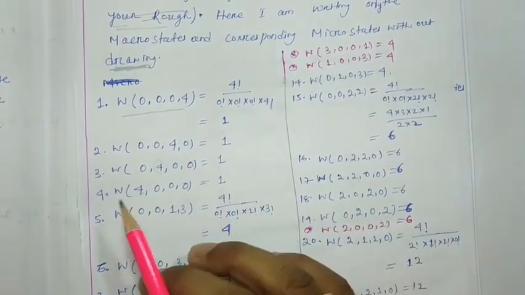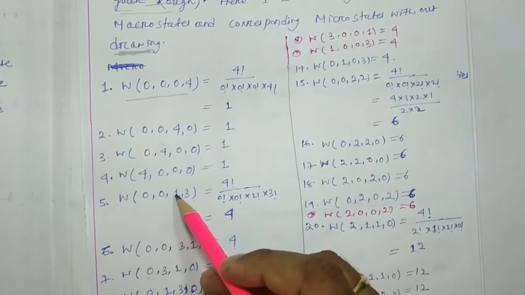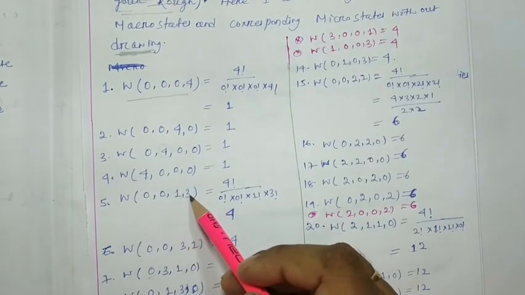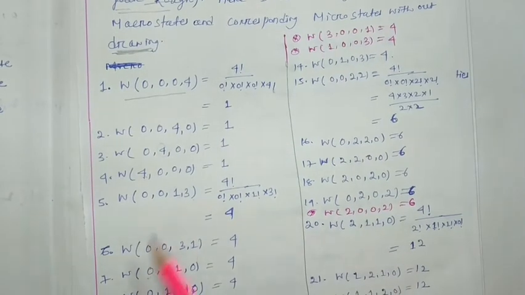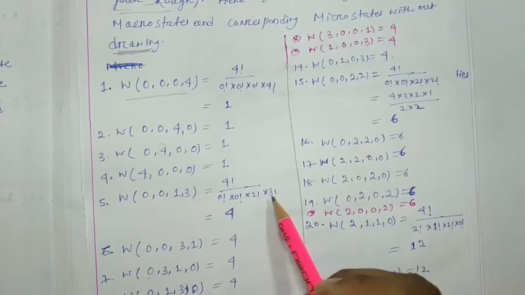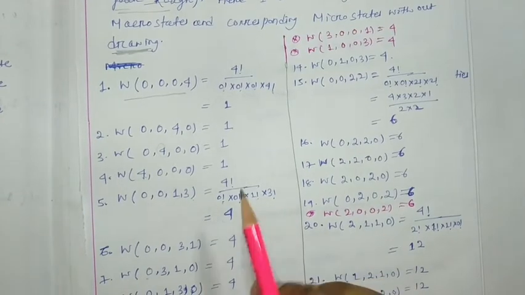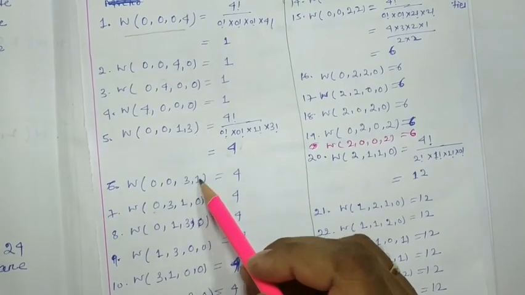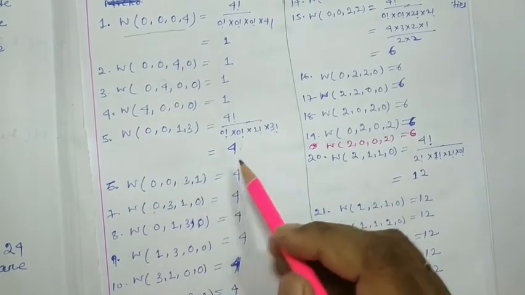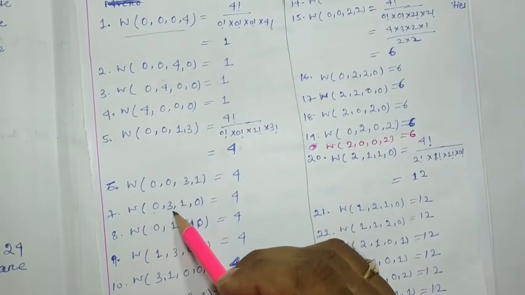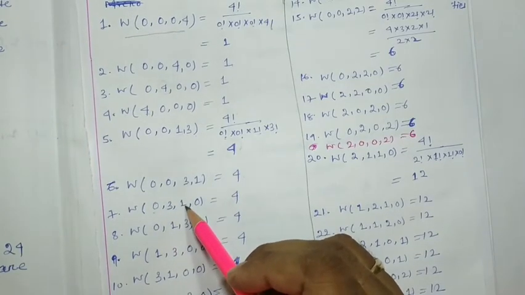Now we consider W0013, that means the third compartment contains one particle and the fourth compartment contains three particles. So it will be 4 factorial by 0 factorial, 0 factorial, 1 factorial, 3 factorial, which is 4, right? Then alternating the positions, 3 1, 1 3, also 4. And 0310, where the second compartment has 3 particles and the third compartment 1 particle, also 4.